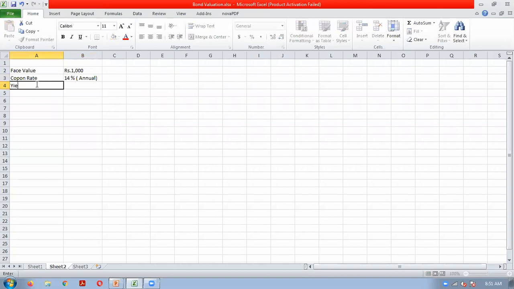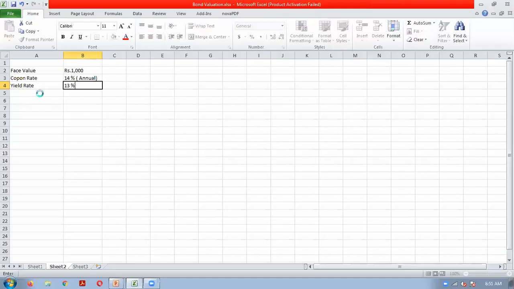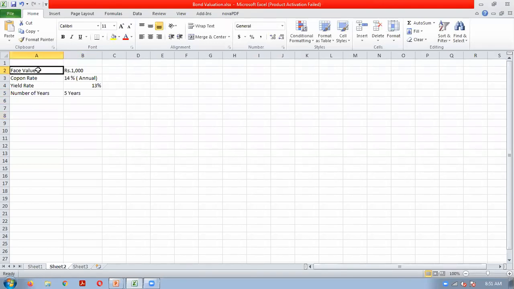Yield rate is 13 percentage. Okay, number of years, 5 years. So all the details are given. We can calculate the value of the bond.